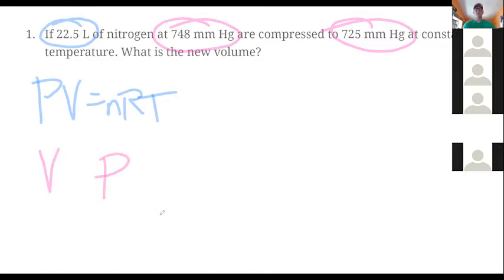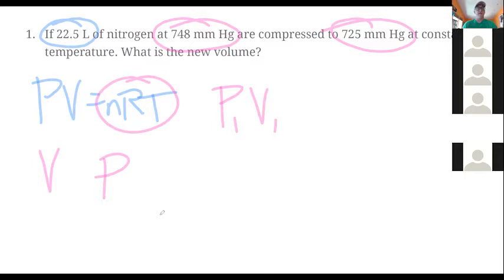So our volume is going to change, our pressure is changing, but everything else is remaining constant. So basically this means that P1 times V1, our initial pressure and our initial volume, are going to equal nRT, right?